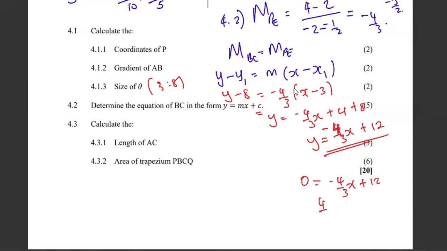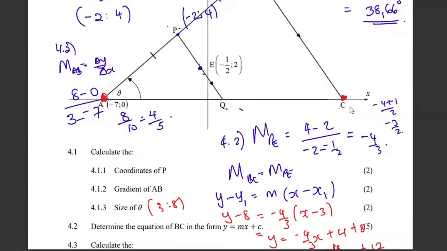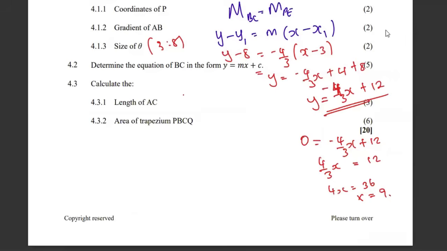So 4 over 3x is equal to 12, cross multiply. So 4x is going to be 36, x will be 9. Okay. So if this is 9, this is 7. So it's going to be 7 units plus 9 units, which gives us 16 units. So this becomes 16 units.